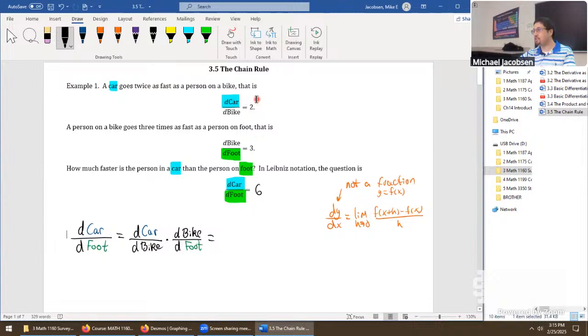This rate of change is a 2 you can look up. This rate of change from bike to foot is the 3. And so no matter how we think about it, intuitively the rates should multiply, or this is the literal chain rule in Leibniz notation. Rates still multiply, and we get 6 times as fast either way we look at it.